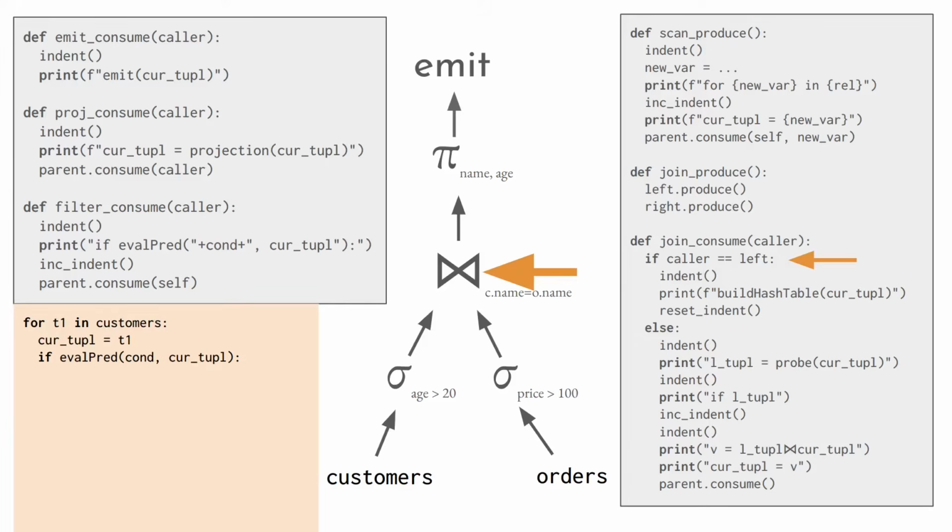And that's actually why all these consume calls get this caller. They need to know where they were called from. So if the caller is the left child, then what we do is we just build the hash table with the card tuple. And we reset the indentation. The reason is because we're done generating this loop. And in particular, this is the concept of pipeline splitting.